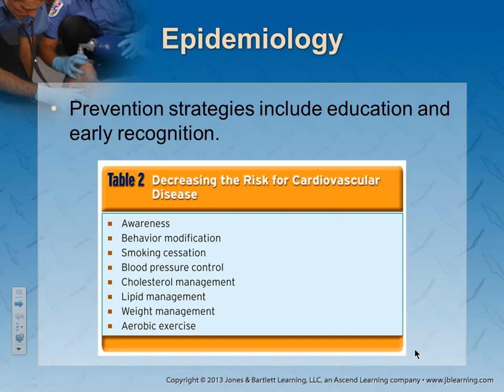Because of the reimbursement stuff, a lot of stuff that has to do with heart disease or cardiovascular disease, which isn't just ACS, isn't just heart attacks, it encompasses congestive heart failure, peripheral vascular disease, coronary artery disease, all this stuff.